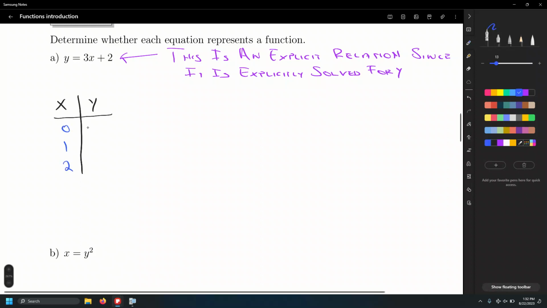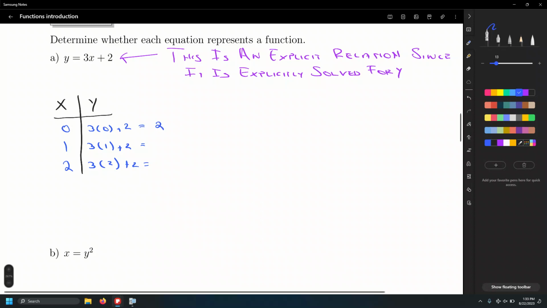I'm going to write 3 times 0 plus 2, 3 times 1 plus 2, and 3 times 2 plus 2. And simplify the results. Okay, 3 times 0 equals 0 plus 2, and that equals 2.